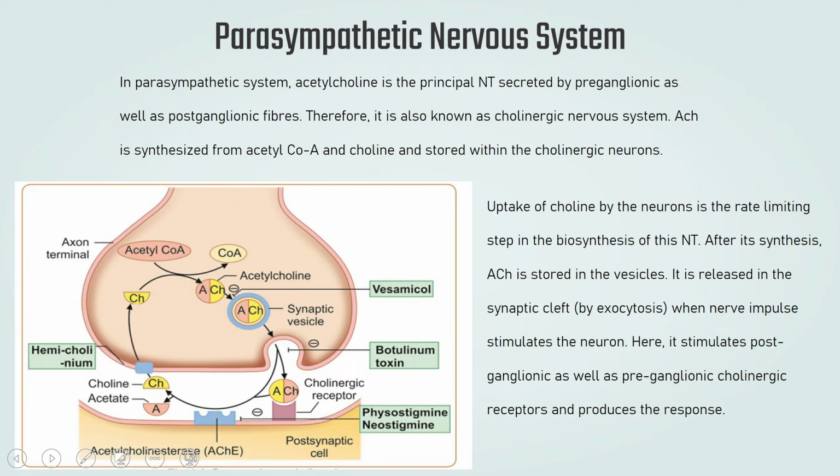Now, how do you remember this? By the name vesamicol, you can remember vesicles, like Ves. Once acetylcholine is formed, vesamicol will inhibit its storage into the synaptic vesicles. Once it is stored, it has to be released to act on the postsynaptic receptors.